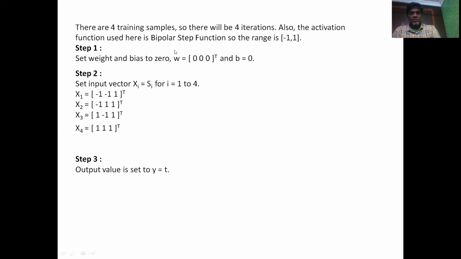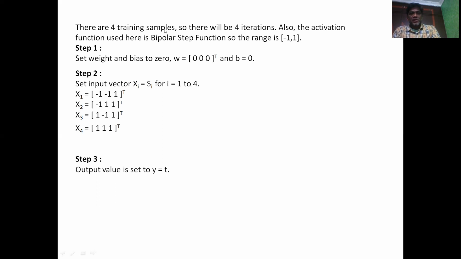Also, we assume a bipolar step function because we want to produce 2 values, -1 and 1. A binary step function produces 0 and 1. Because we require -1 and 1, we take it as a bipolar step function. So you need to assume this activation function based on the outputs that are to be produced by your neural network. Because the outputs to be produced are -1 and 1, I assume this bipolar step function as the activation function.